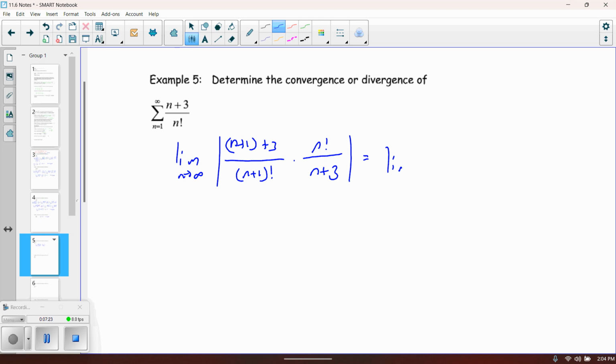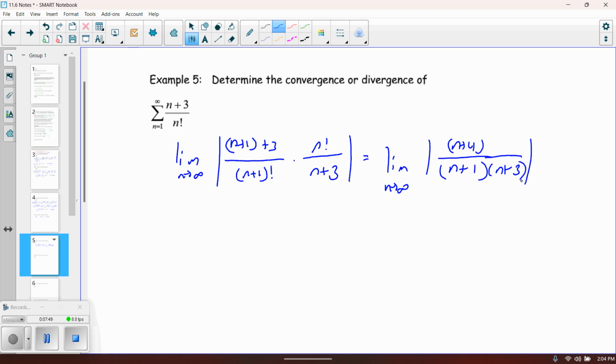So we're going to get the limit as n goes to infinity. The n factorial over n plus 1 factorial will leave me with an n plus 1 in the denominator. On the numerator, I've still got an n plus 1 plus 3, which is n plus 4. And then unfortunately in the denominator, I also still have an n plus 3, so I'm going to have to multiply that together with that one. I don't really have to distribute everything out.